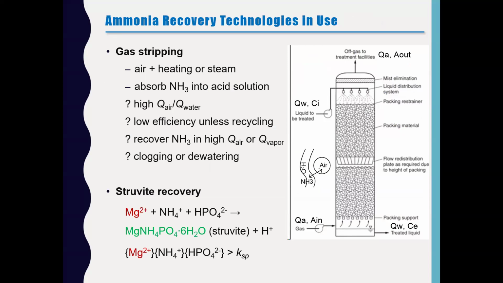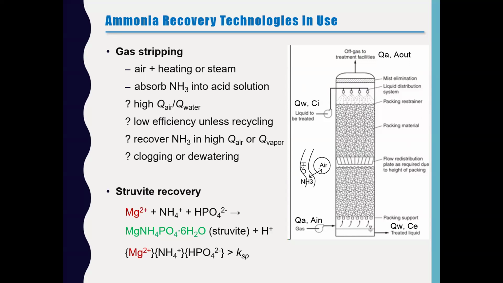In a stripping tower, hot air or steam is introduced from the bottom of the tower while water is distributed from the top. The air bubbles carry ammonia gas out of the water, and that ammonia can be absorbed into sulfuric acid solution to recover it. But it's not widely adopted, mainly due to several technical and economic drawbacks.